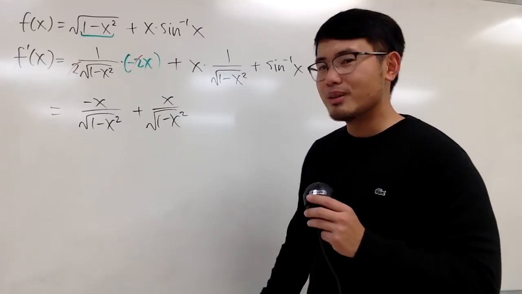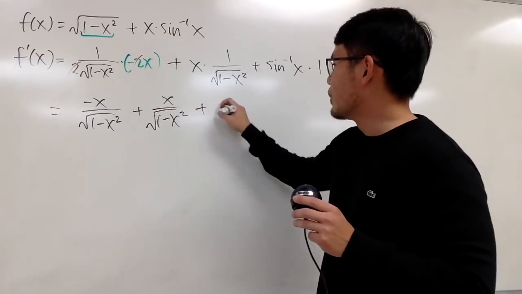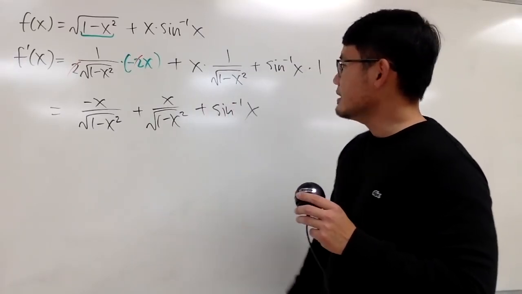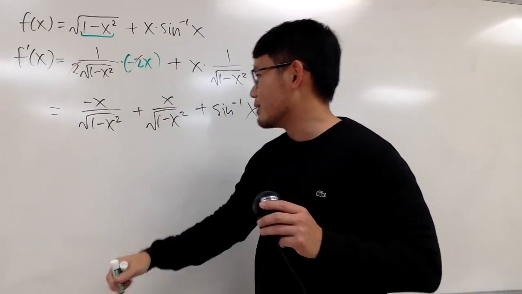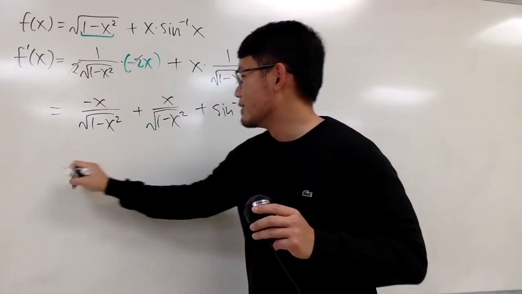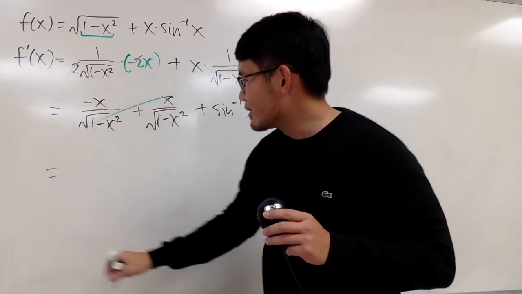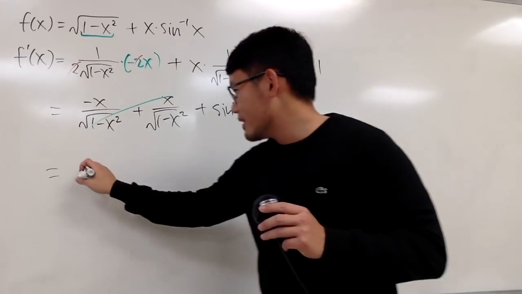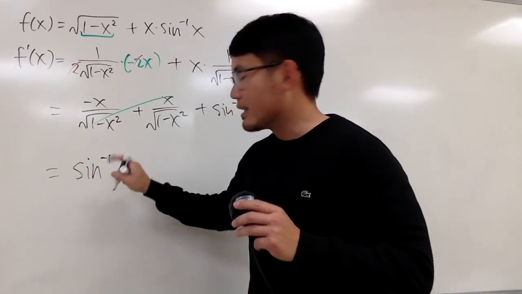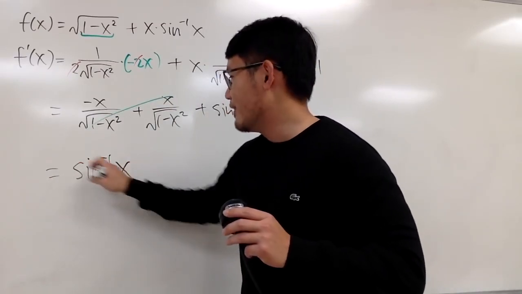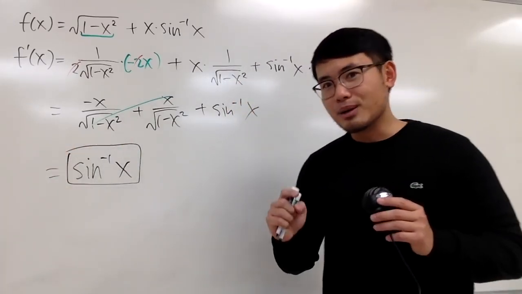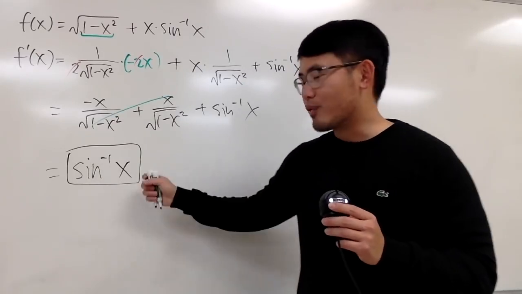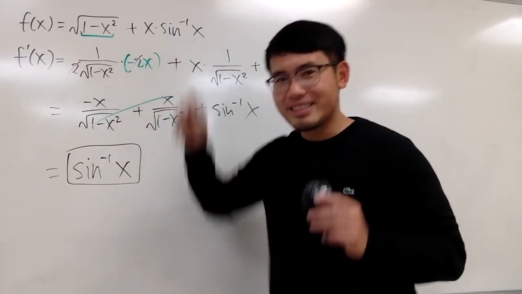Yes, they are going to be 0. Anyway, in the end here we have the inverse sine of x. And then of course this and that, they pretty much become 0, so you can just cancel them out. So in the end, let me just cross this out. This right here, we end up very nicely to get the inverse sine of x, right? So that's it. And in calculus 2, we will see how to go from here backwards to get that.